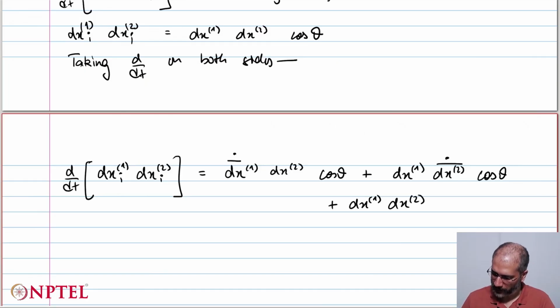And then we have a derivative of cos theta, which is minus sine theta times theta dot.